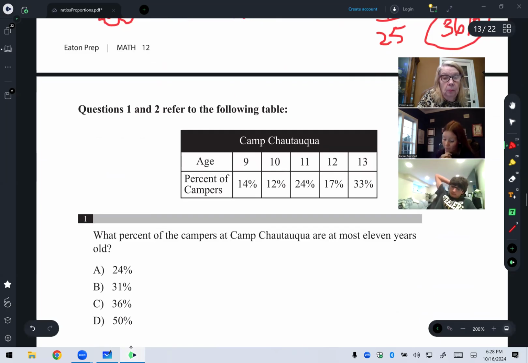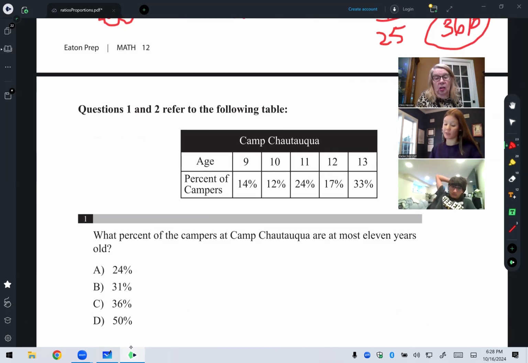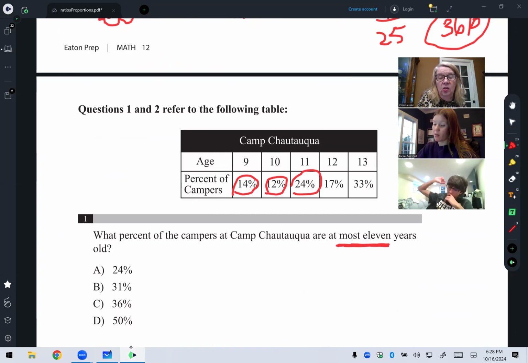Okay. Here we have a little chart. So what percent of the campers at Camp Chautauqua are at most 11 years? So they have to be 11 years and below. Do you see that? A lot of kids would just get the 0.24.